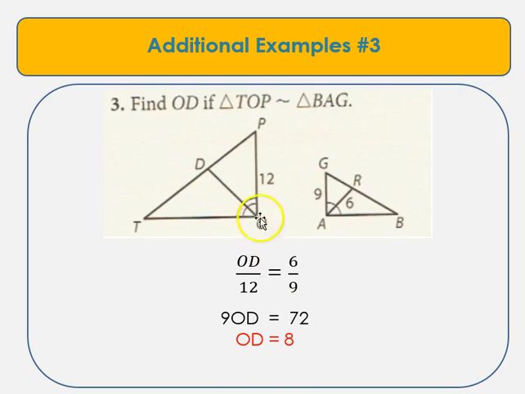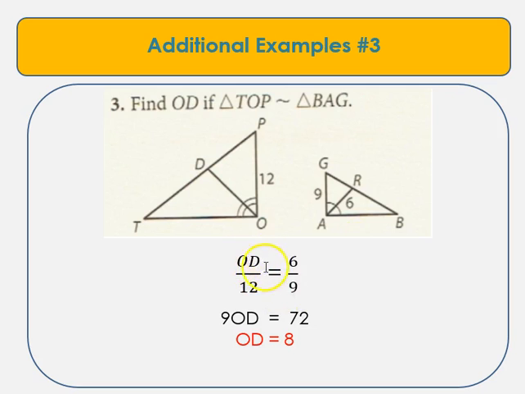Another exercise: find OD if these two triangles are congruent. We can see that we have side lengths that we can form a ratio with. OD is this line in the middle of the triangle, and it also has a value for one of them.